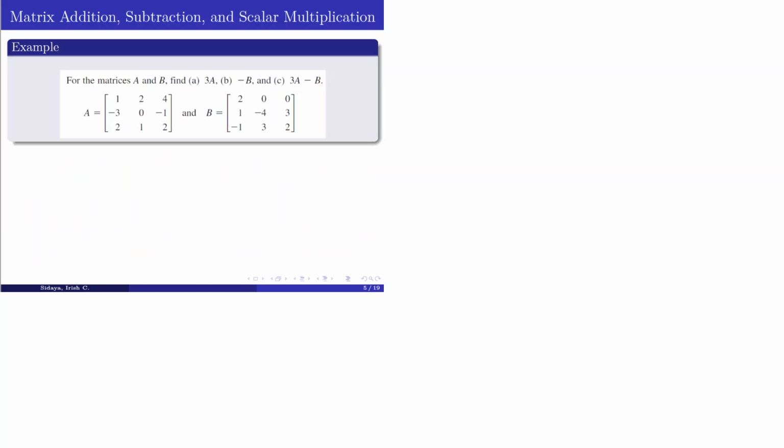Now, as examples, given these matrices A and B, let us find first the scalar multiple of A by 3. We have 3A is equal to 3 times the given matrix A. We have 1, 2, 4, negative 3, 0, negative 1, 2, 1, 2.